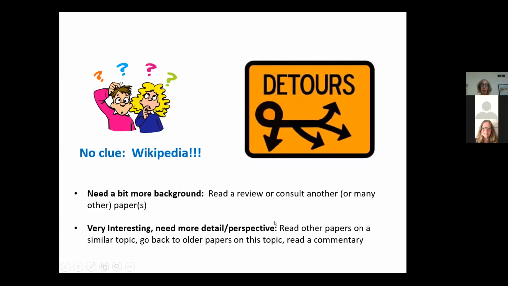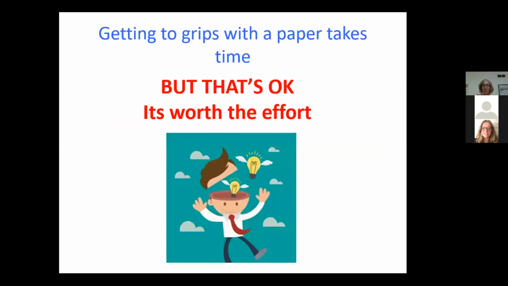So I might read other papers on a similar topic, go back to older papers on this topic, or read a commentary. And so I can find that I've wasted half the day on this. Well, wasted isn't the right word, but it can take quite a lot of time to really delve into the literature. And then eventually I'll be coming back to the paper that I started to read in the first place.